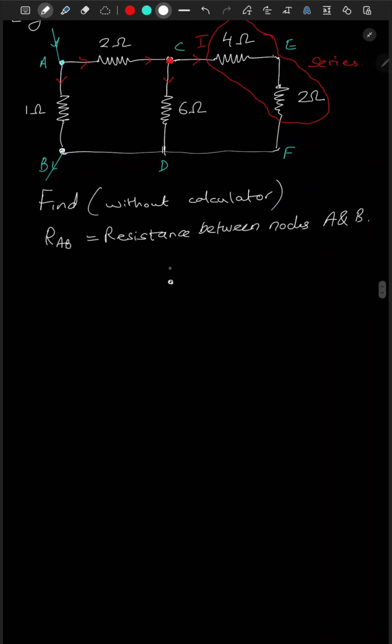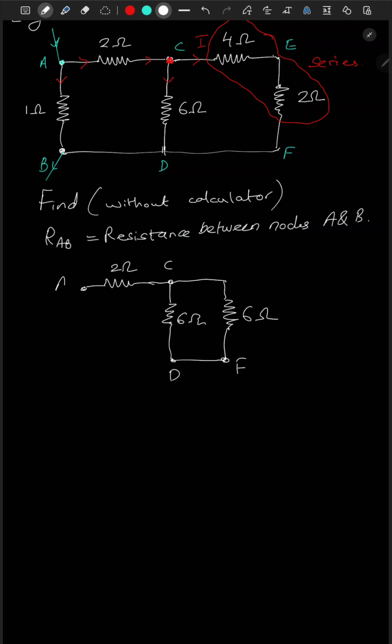If these two are in series, we can just simplify the circuit. We can draw it again, but now we have 4 plus 2 in series, which is 6 ohm, and here is F, this is 6 ohm. Okay, we have simplified this one.